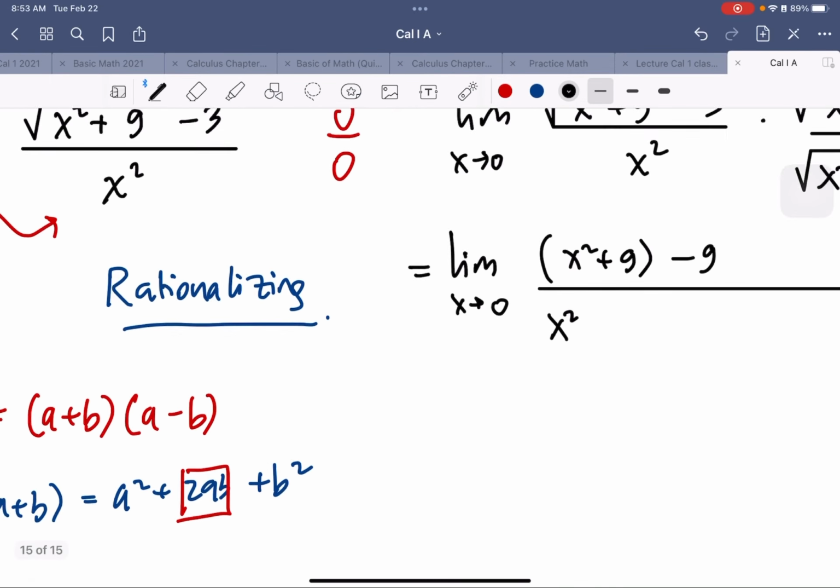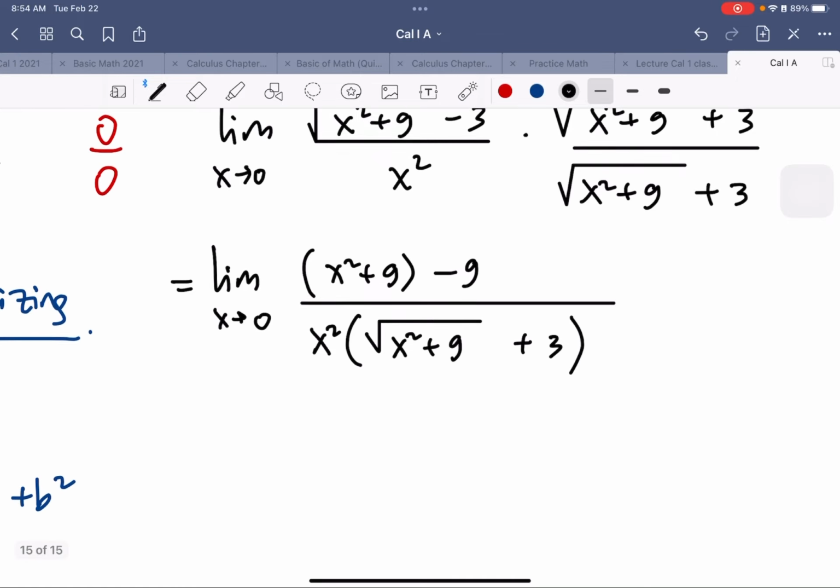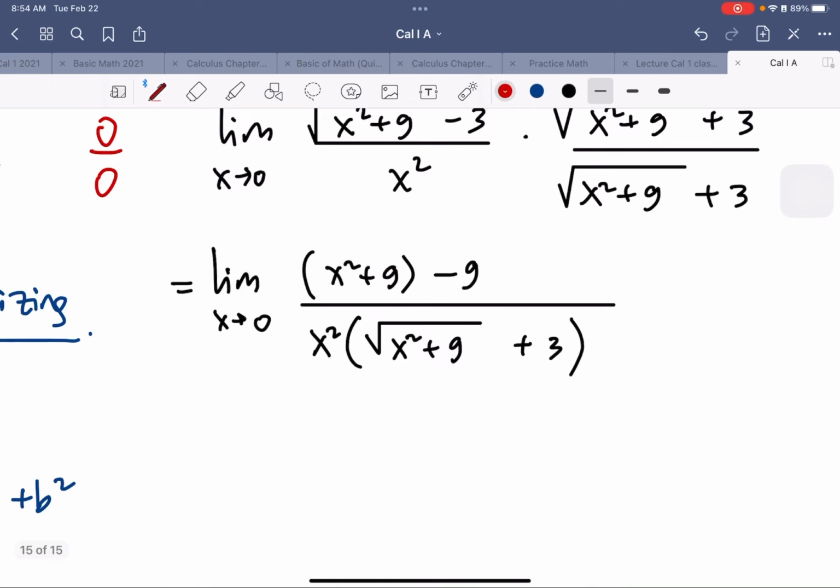So the numerator we can do, and the denominator we just leave as it is. Now, one by one we can see it's canceling, and x squared and x squared cancel.